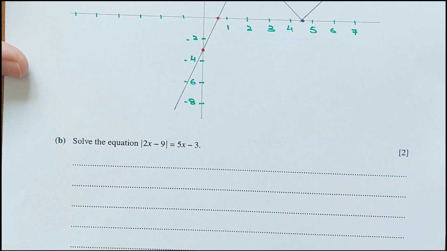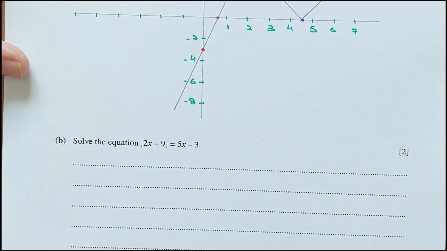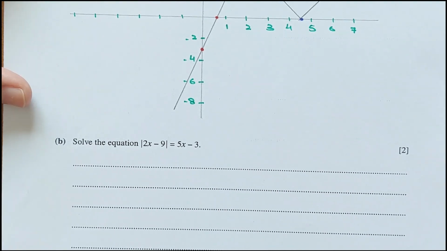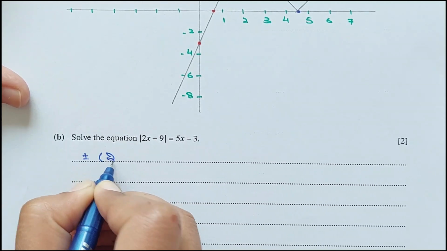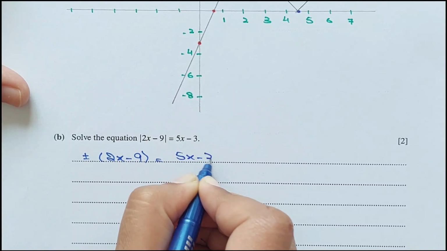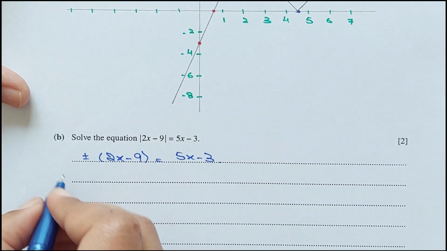Moving to part B, solve the equation. We have to find the value for the solutions. If I open this, we have plus or minus 2x minus 9 equals 5x minus 3. Let me get rid of the plus minus by squaring both sides.